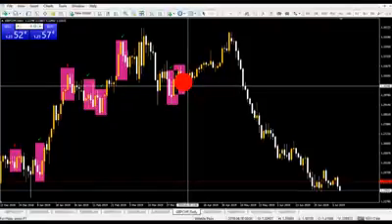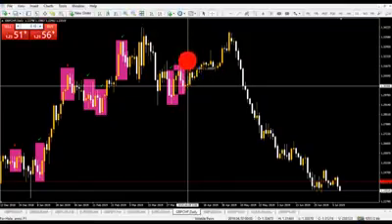It would have closed. We would have been in profit for 36 pips. So again, hey, if you're scalping and you're only trying to get about 20 pips, you would have won that. But eventually, this particular trade, it would have stopped us out here.